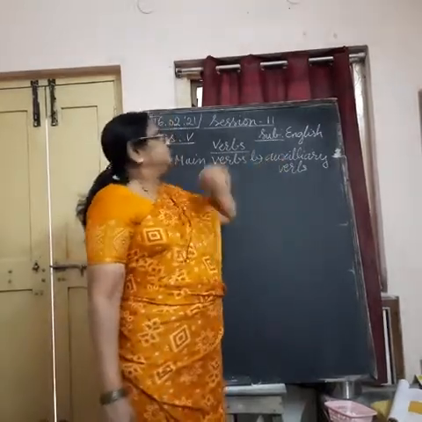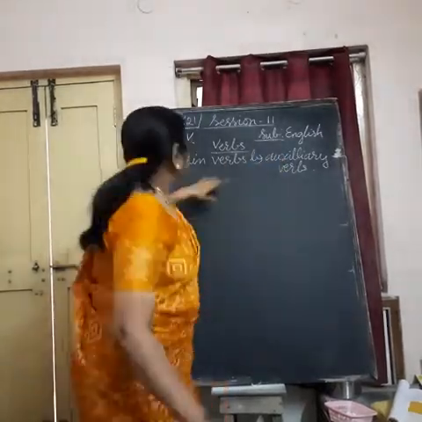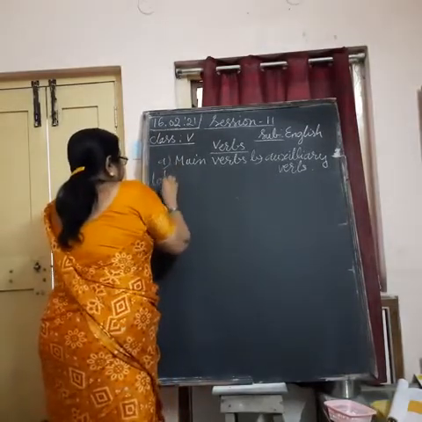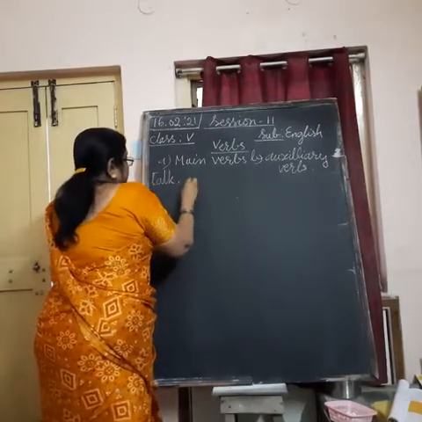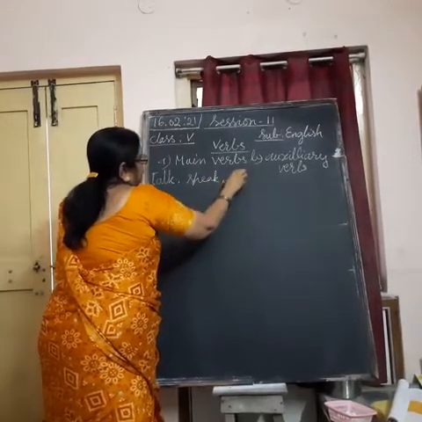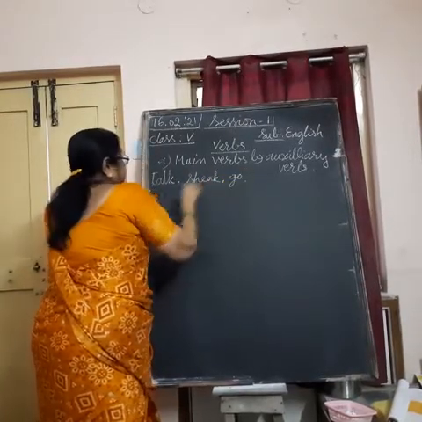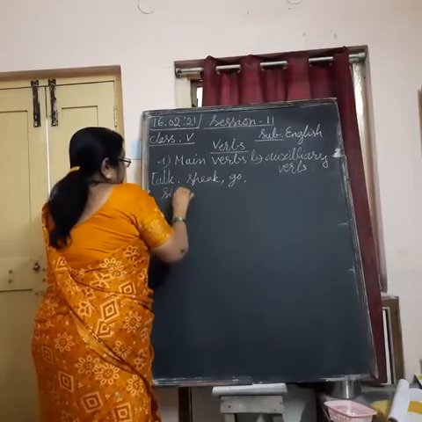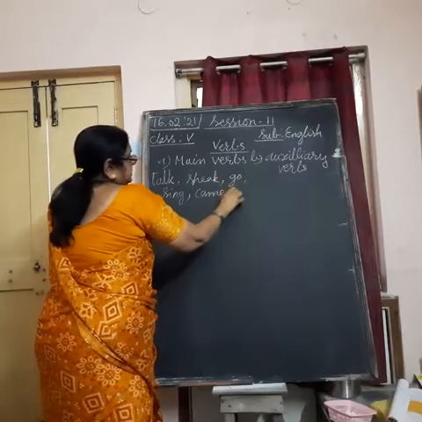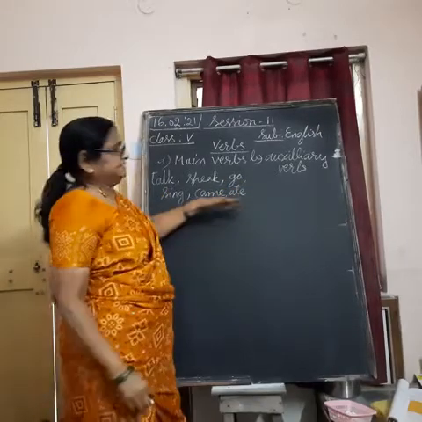Then what is the use of auxiliary verb? Main verbs are action verbs like talk, speak, go, sing, came. It can be any tense, present tense, like this.